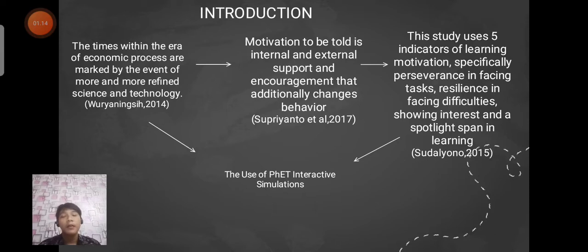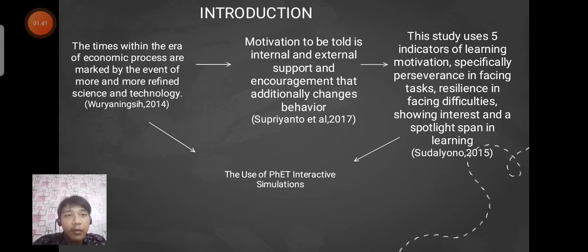Part 1, Introduction. The times within the era of economic progress are marked by the event of more and more refined science and technology. By Fahriansyah 2014, the motivation to learn is internal and external support and encouragement that also changes behavior.